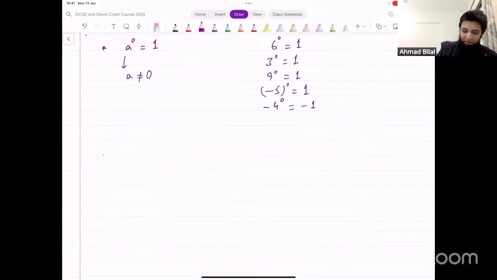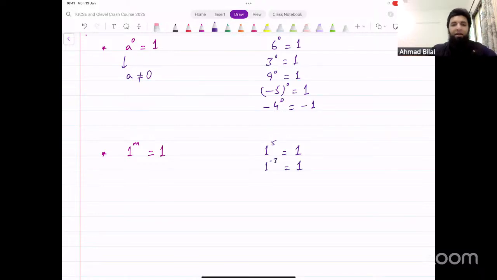For instance, if you have 1 raised to power anything, so 1 raised to power m, let's say, this is always equal to 1. Okay? 1 raised to power 5 is equal to 1. 1 raised to power minus 3 is equal to 1, right?